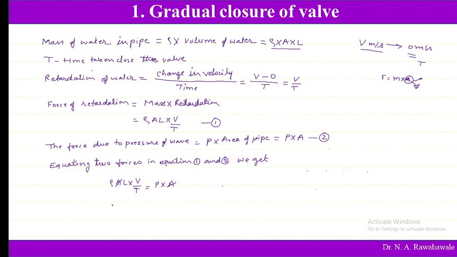So what we get is pressure intensity P equal to rho L V divided by T. So this is the pressure intensity, and we call this equation number 3.